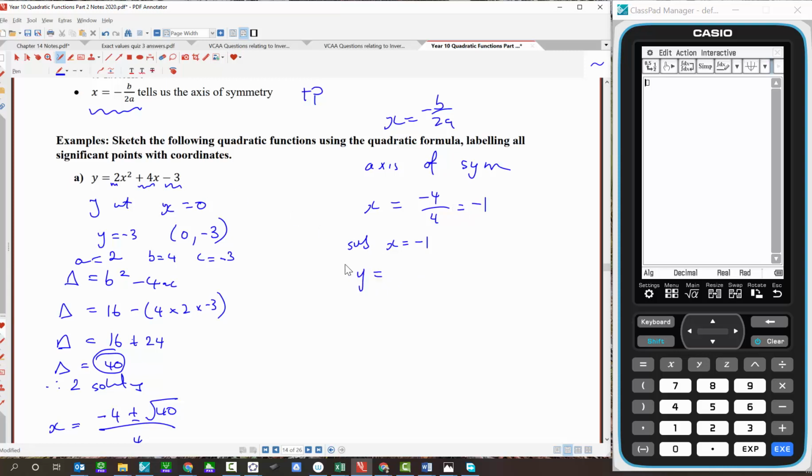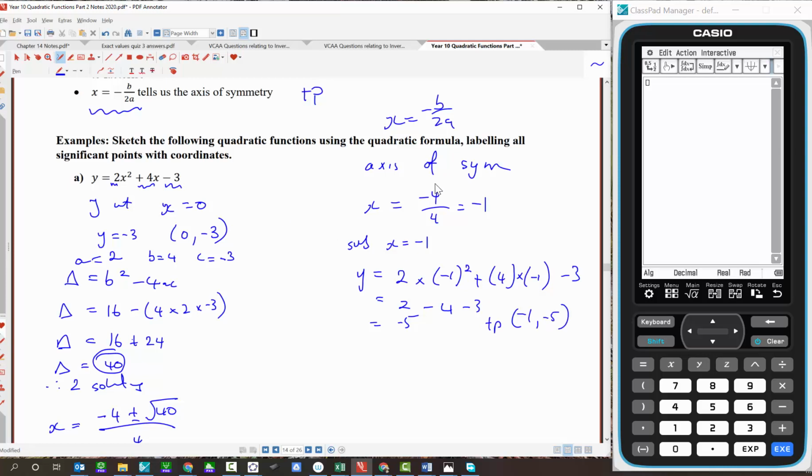So y is equal to 2 lots of negative 1 all squared plus 4 times negative 1, take away 3. That's 2, take 4, take 3, which is negative 2, negative 5. So our turning point is negative 1, negative 5.